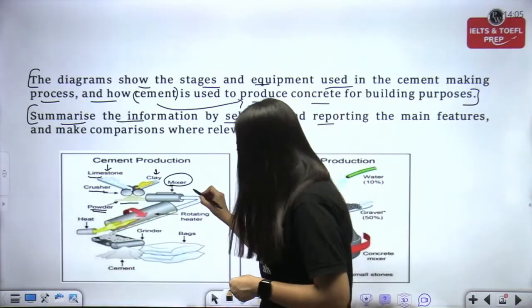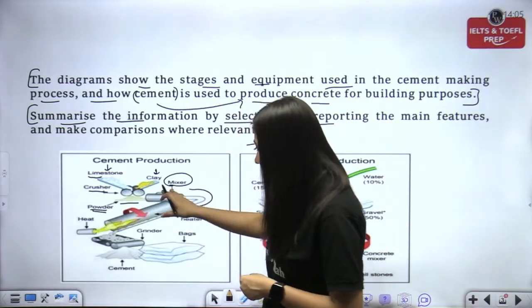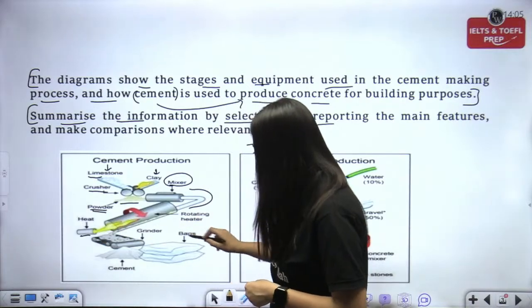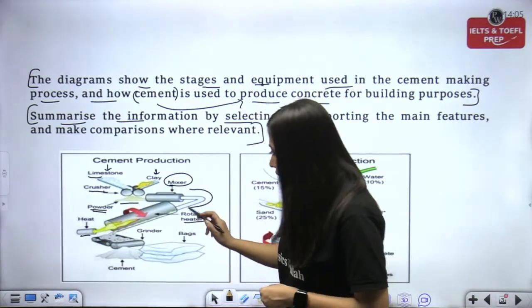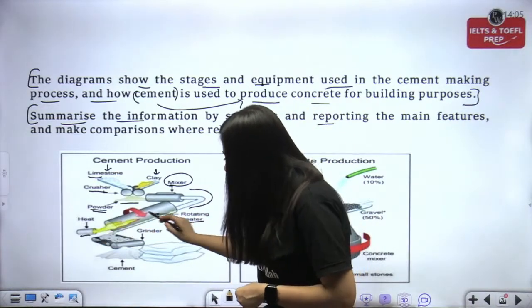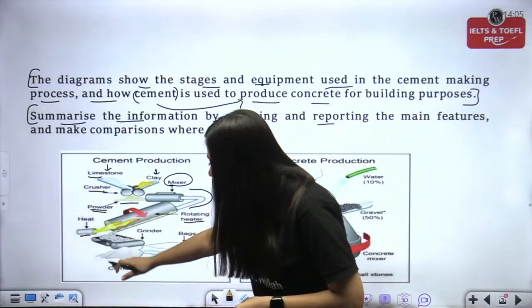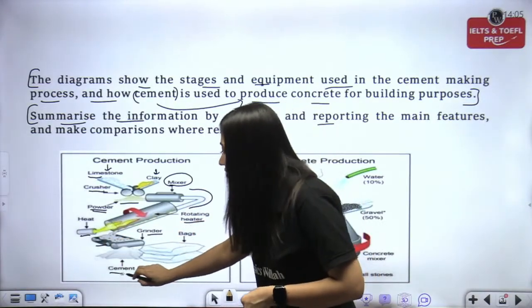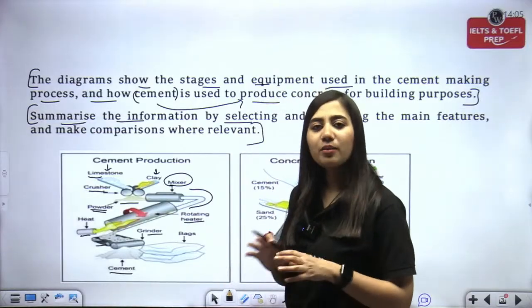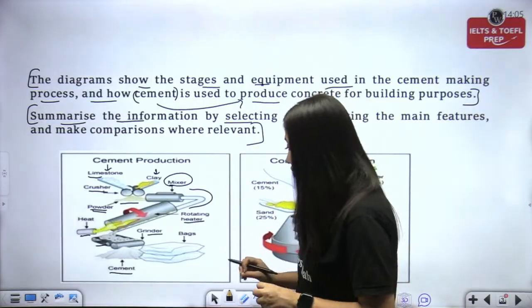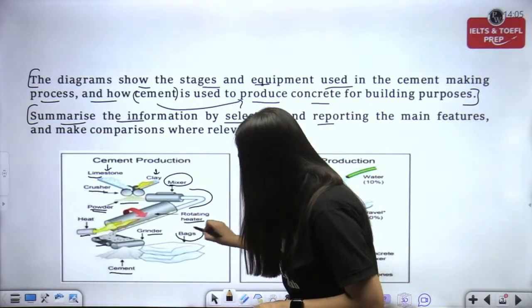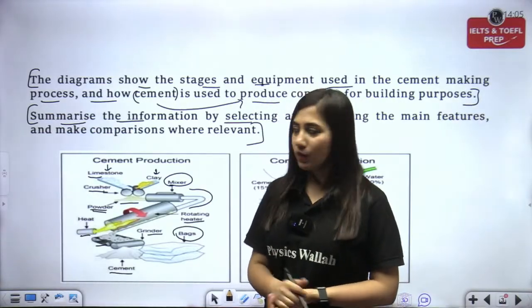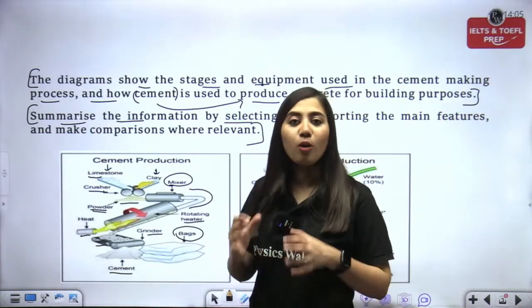After this, we pour this mixed powder into the rotating heater and heat it. Later on, we pour it into the grinder. Now our cement is ready, and we pack it in bags for transportation and use. So these are all the steps. You have to comprehend it.